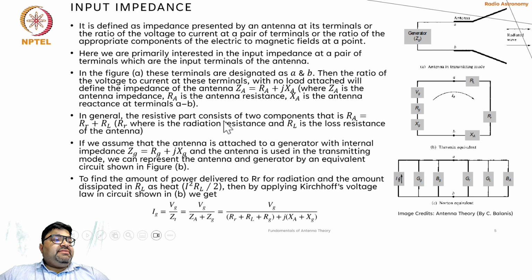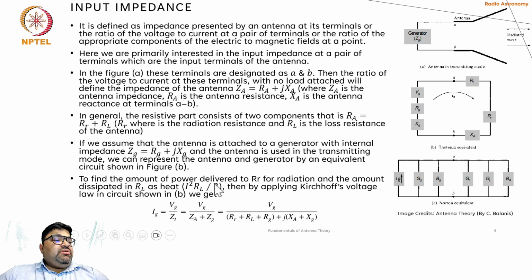In general, the resistive part consists of two components. R sub A is R sub R plus R sub L. R sub R is the radiation resistance and R sub L is the loss resistance of the antenna. And if we assume that the antenna is attached to a generator with the internal impedance of Z sub G, then there is an R sub G and X sub G of the voltage source itself.